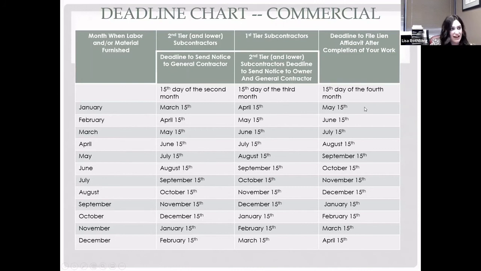And then it is also going to tell you the date that you have to actually file the lien, which is the 15th day of the fourth month. And this is all going from January. So I do think that this is a good chart, and having access to this is very helpful, especially when you get something in quickly from a client and they want to know very quickly.